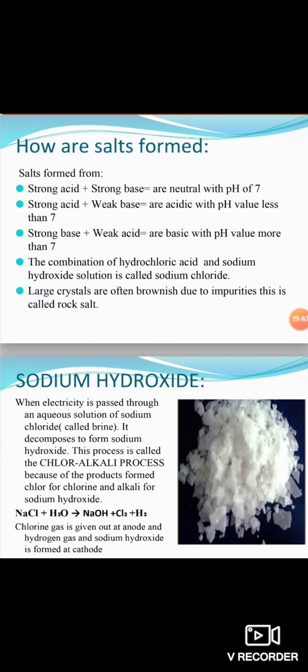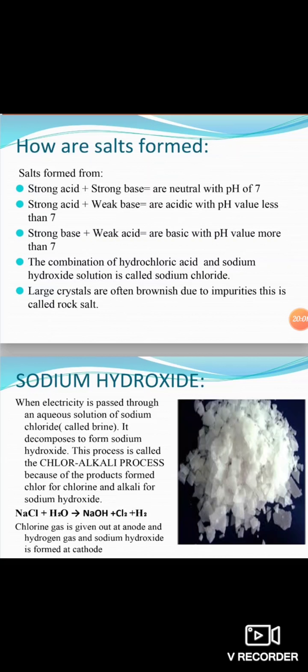The chloroalkali process means when electricity is passed through an aqueous solution of sodium chloride, it decomposes to form sodium hydroxide. This process is called the chloroalkali process because the products are chlor for chlorine and alkali for sodium hydroxide.